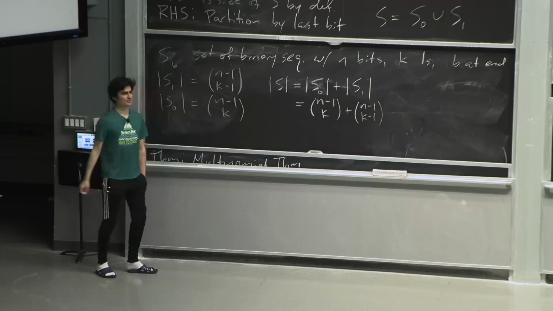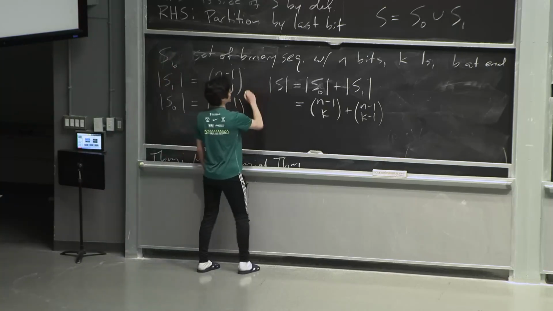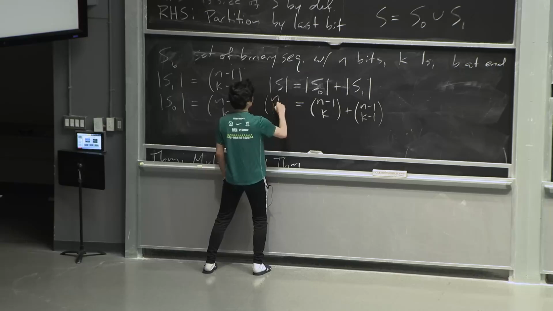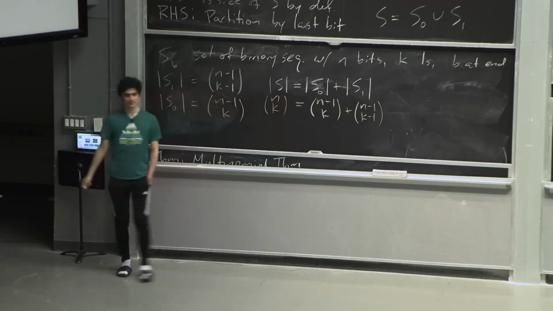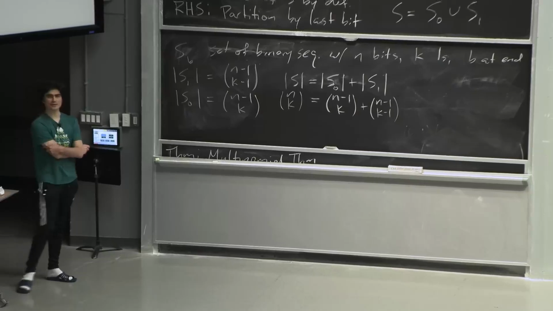And as we established at the beginning, this is also equal to n choose k. Does that make sense to everybody?